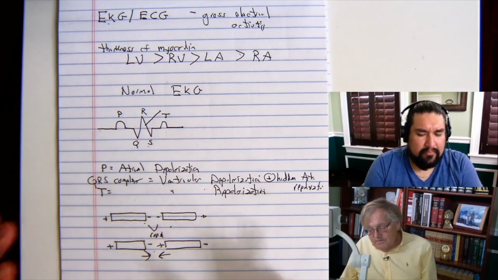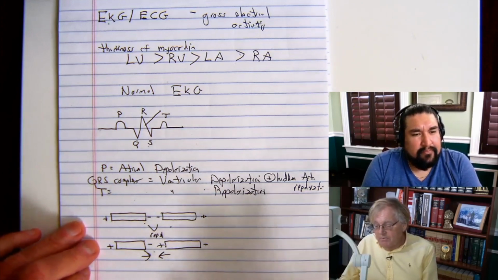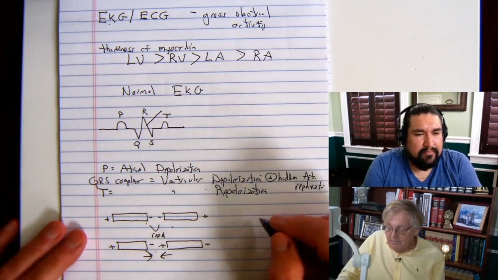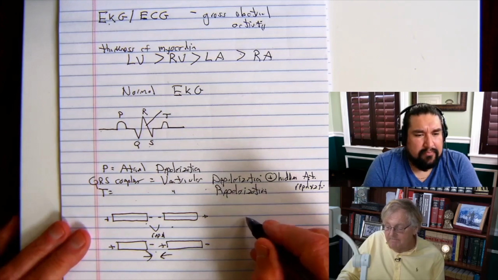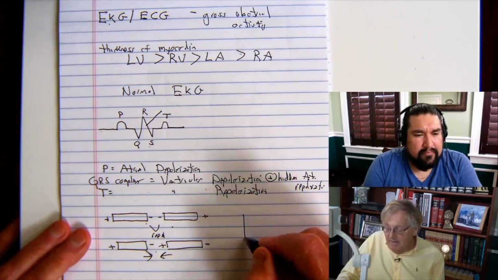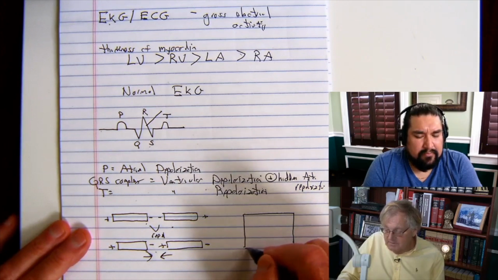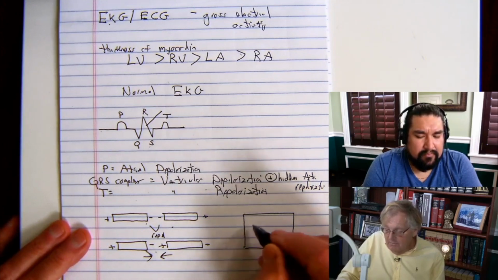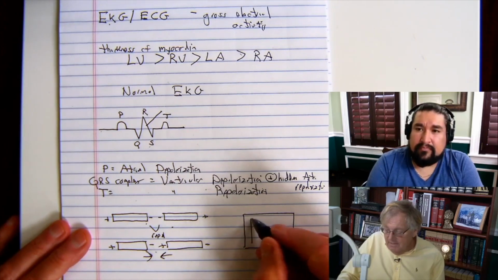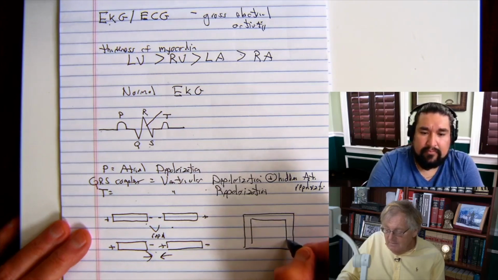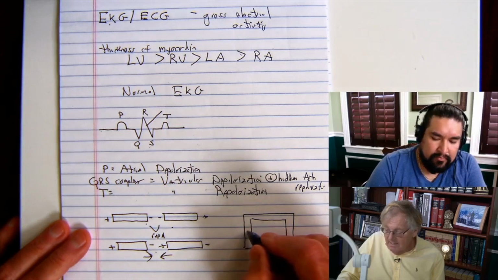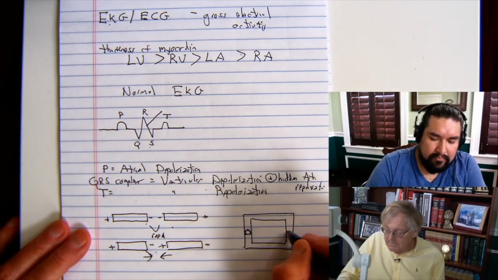Now, when you say depolarize and repolarize, it's nothing more than just like your car battery. So think, here's a car battery. A car battery's got 12 volts. And if you were to really look at a battery, it's got double cases. It's got a case on the inside, on the outside, and it's got a pole on either side.